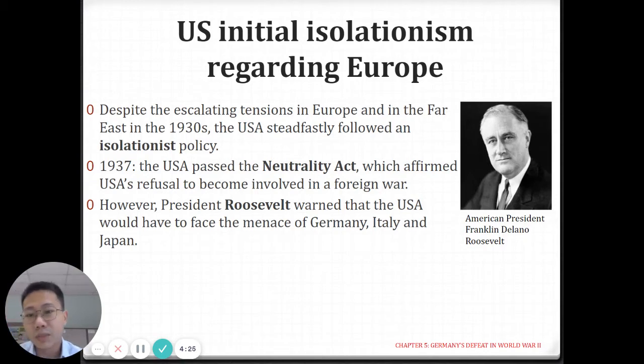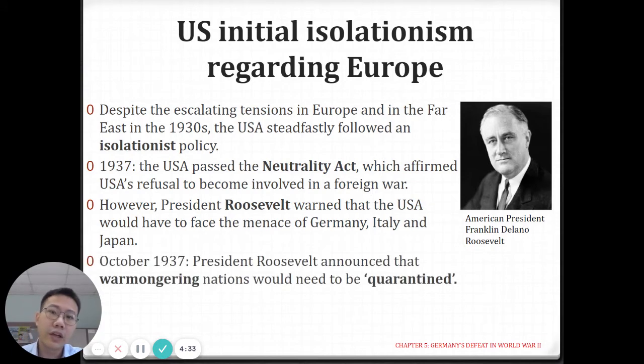Now, however, the president did warn that the USA would have to face the menace of Germany, Italy, and Japan if needed. And when they are called upon to do something about it, they might do it. And he also went on to make a speech in October 1937 to say that war-mongering nations would need to be quarantined.